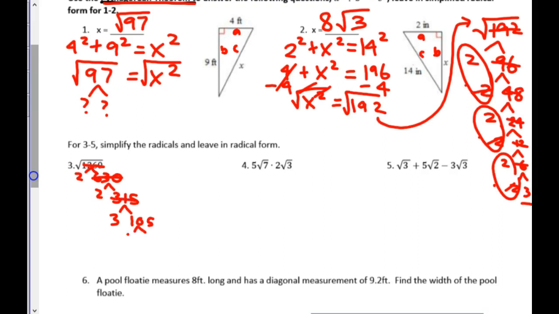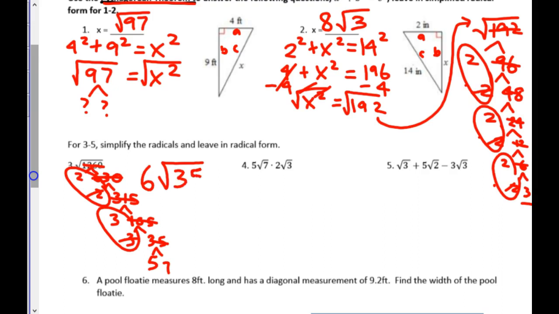Try 3 again. 3 times 35. And then 3 doesn't work this time, so try 5. 5 times 7. Cool. So, pair of 2, pair of 3, loner 5, loner 7. So, 2 times 3 on the outside is 6. 5 times 7 on the inside is 35.